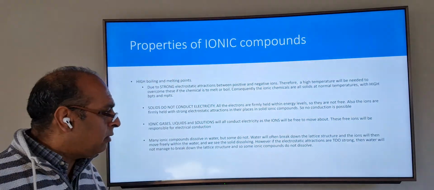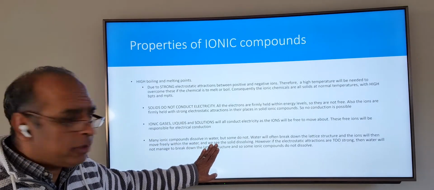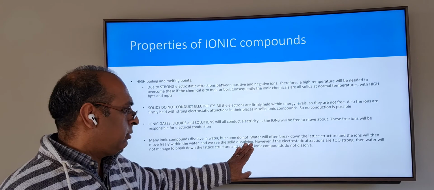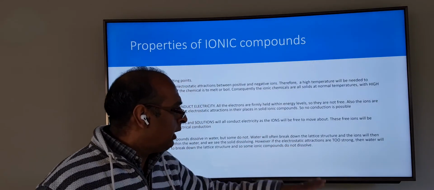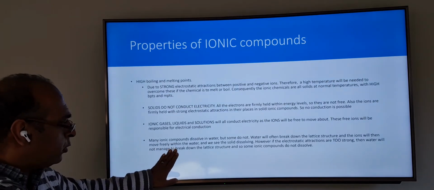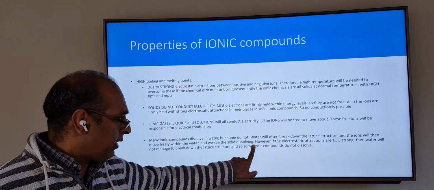So what can I tell you? Well, many ionic compounds dissolve in water. So many do dissolve, but some do not. Water will break down the lattice structures, and the ions will then move freely within the water. We will then see the solid dissolving.